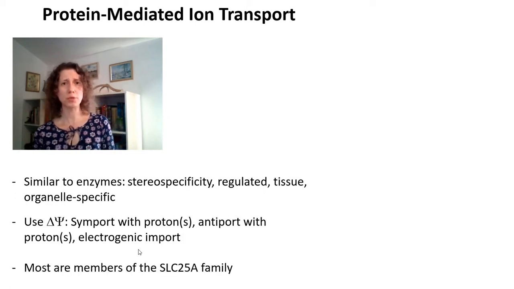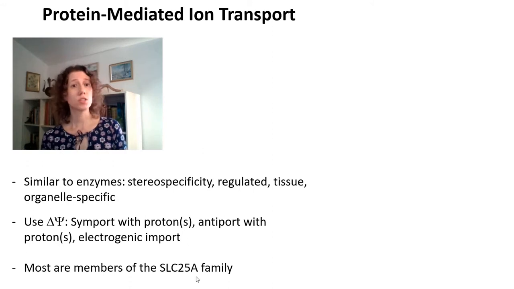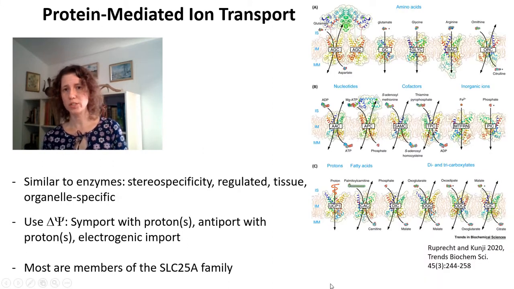Many members of protein-mediated ion transport are members of the SLC25A family. So this is a large family of transporters. They seem to have derived from an original transporter that transported anions, and they transport all sorts of different things in mitochondria.